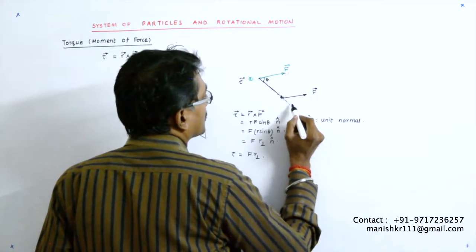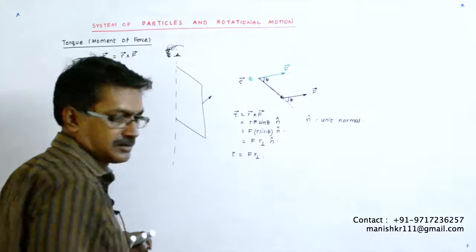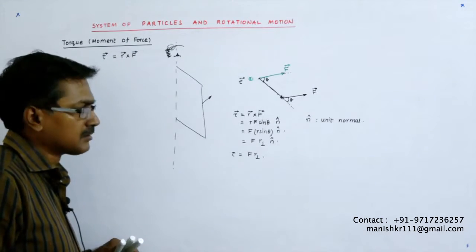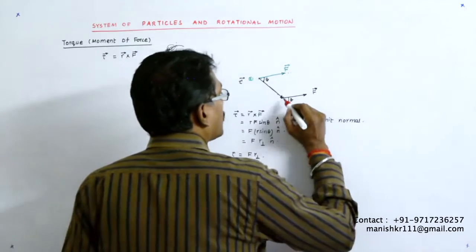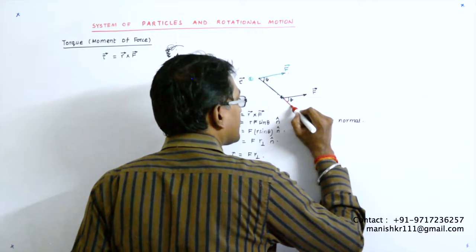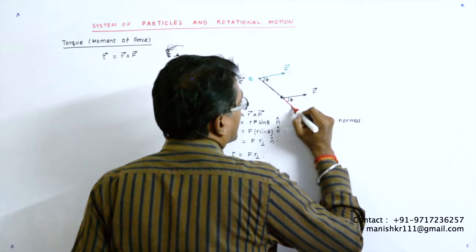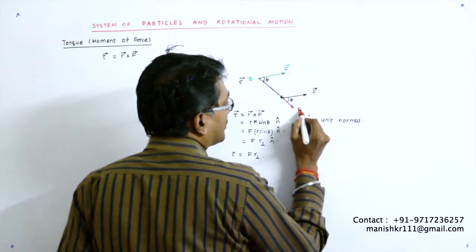This angle is theta. Now, this can be resolved into two components. One of them is, if this is 90 degrees, this is F cos theta.